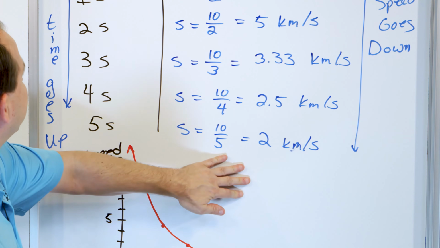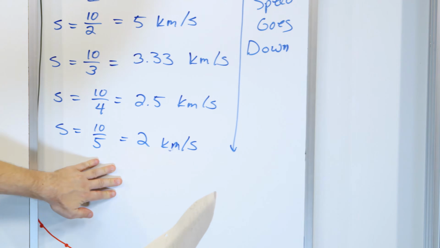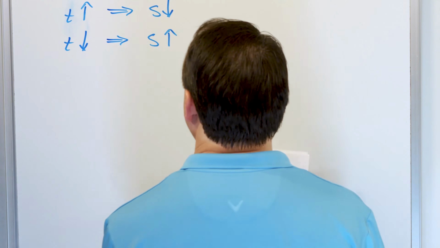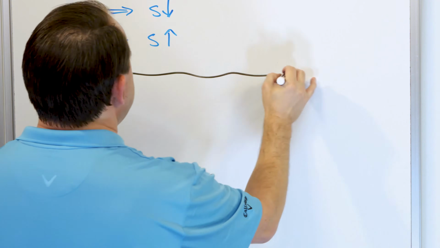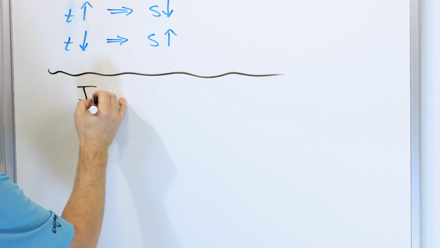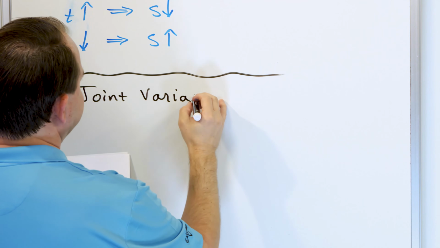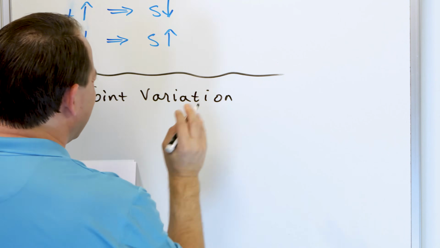So the final thing I want to talk to you about, let me see, where am I going to do it? I'm going to do it right here. I want to talk to you about what we call joint variation. Don't worry, it's very easy to understand. We just have a new word for it.